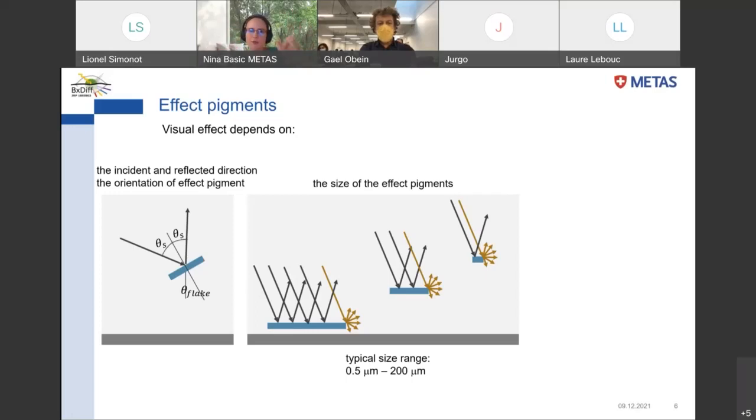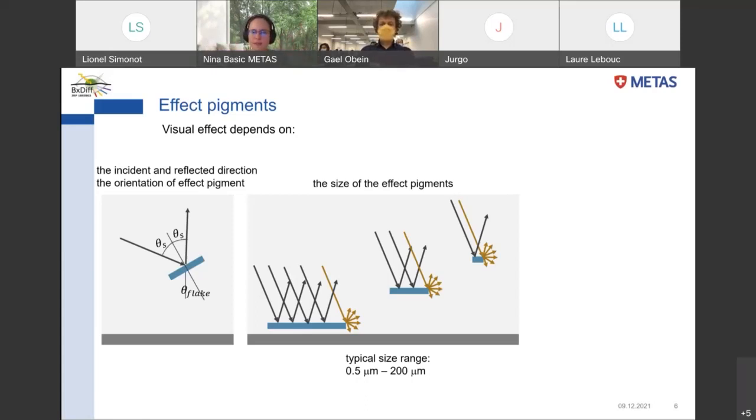So when we go from this big effect pigment to smaller and smaller ones, we have less and less of this specular reflection from the pigment itself, and basically more of the scattering from the edges. Relatively speaking, it's always about how much of the light is scattered into the binder and how much is reflected from the pigment itself.